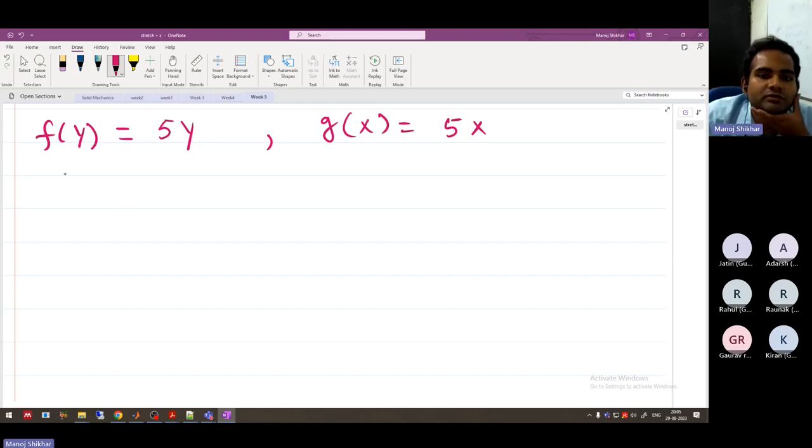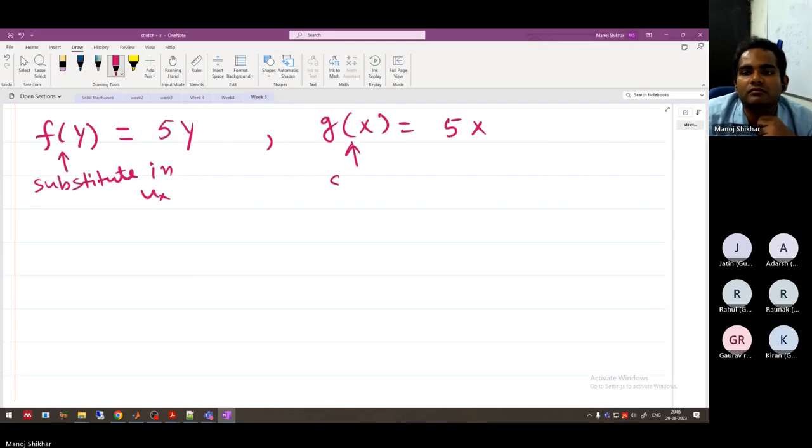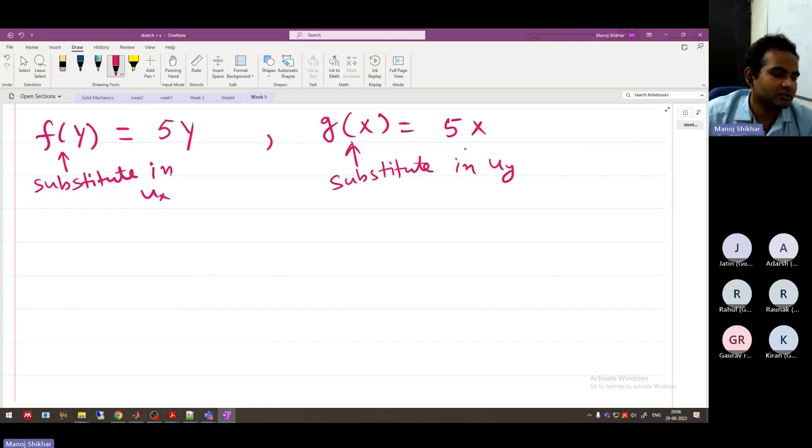If you substitute this in ux, and substitute this in uy, you will get the displacements. Okay.